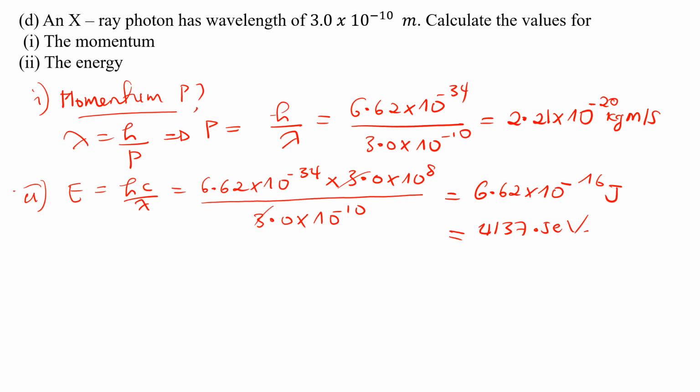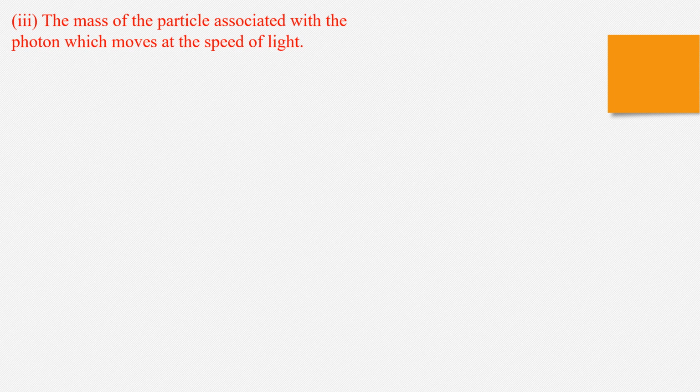Now let's see the last part of the question. Okay, so now we have to calculate the mass of the particle associated with the photon, which moves at the speed of light. Now we know that the momentum is the mass times the velocity of an object.